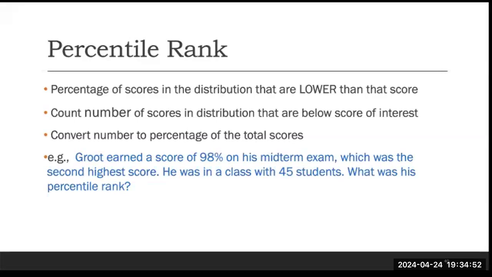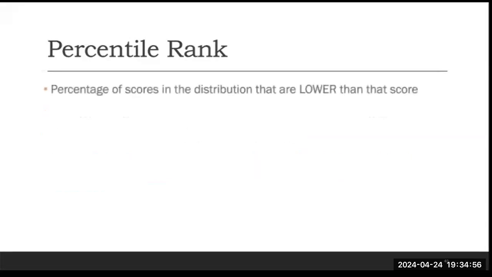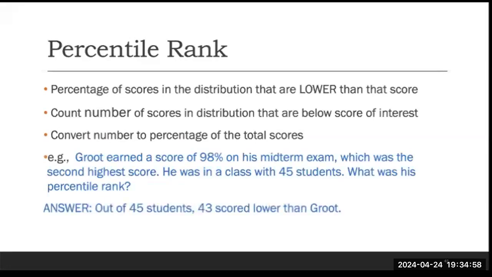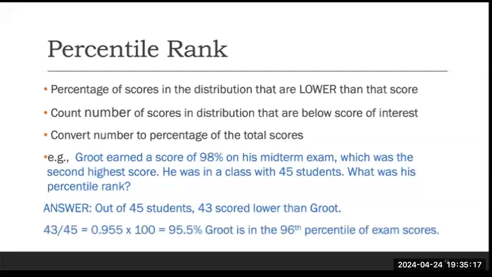So what you would do here is figure out, out of 45 students, he got the second highest. So 43 scored lower than he did. And then what you do next is you figure that out as a percentage. 43 out of 45 is 0.955.